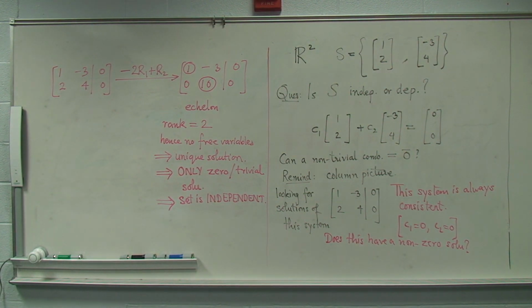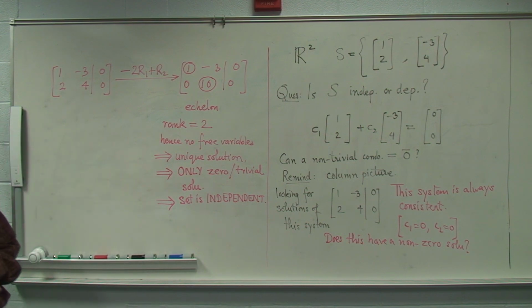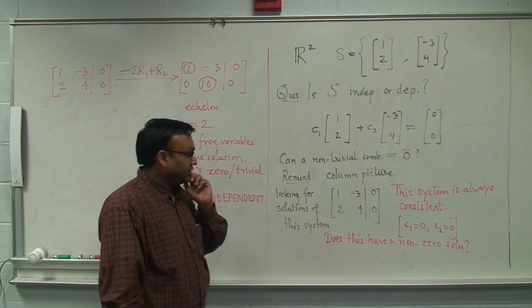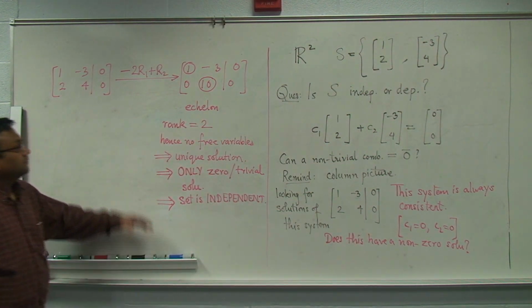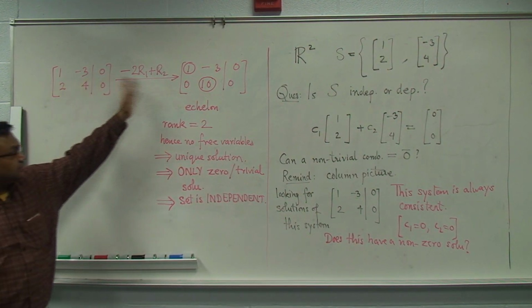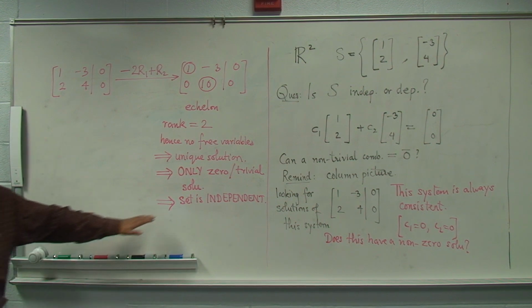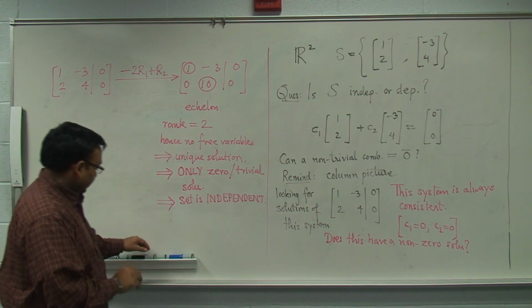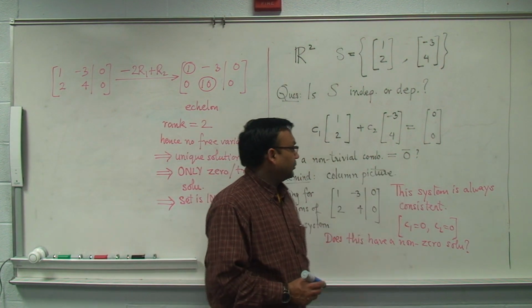So what I would like to emphasize is that the question of dependence or independence has been converted to that of a system of equations. And from the system of equations, we have used our old methods of row reduction, talking about rank, free variables, to figure out whether our set is independent or not. Now, there's another thing that we should keep an eye on: this is not just any system of equations.